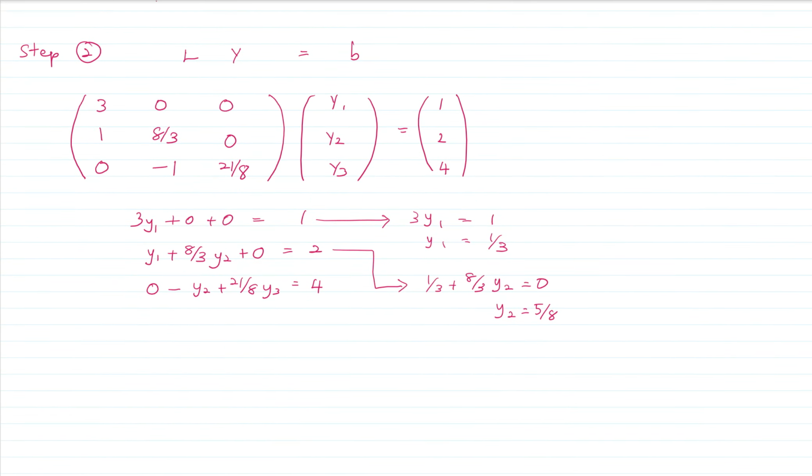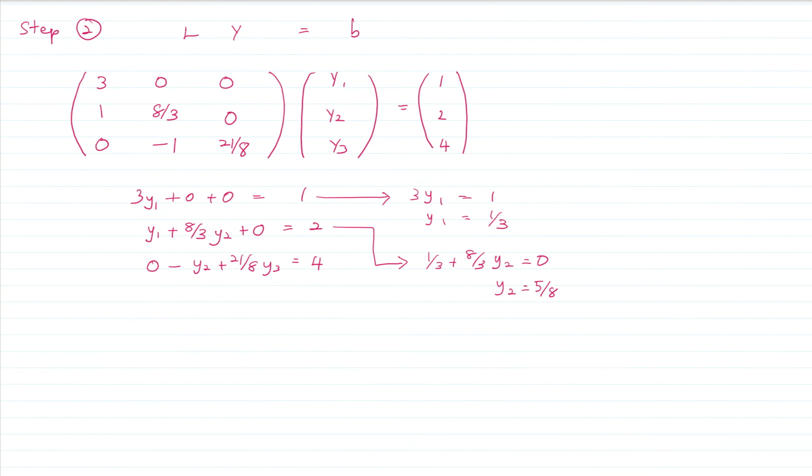Then Y3: minus Y2, minus 5 over 8, plus 21 over 8 Y3 equals 4.